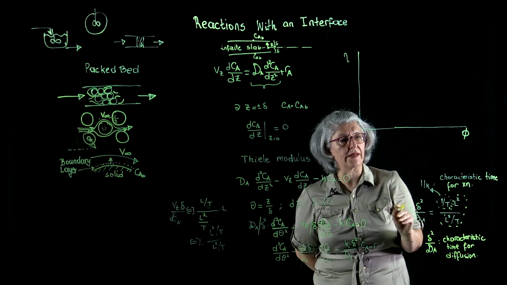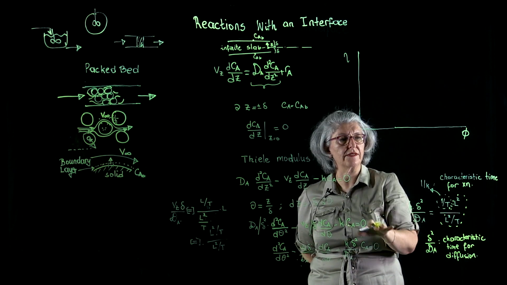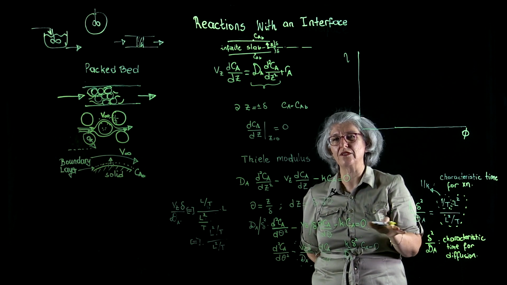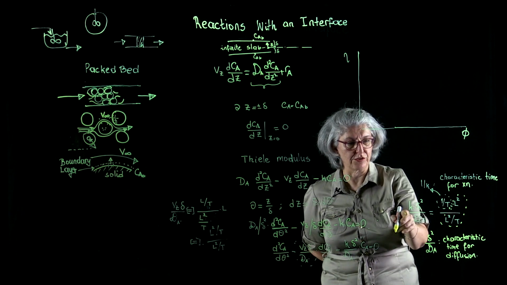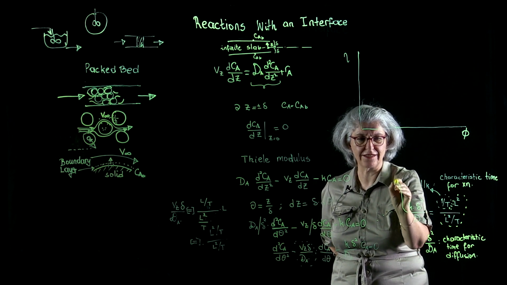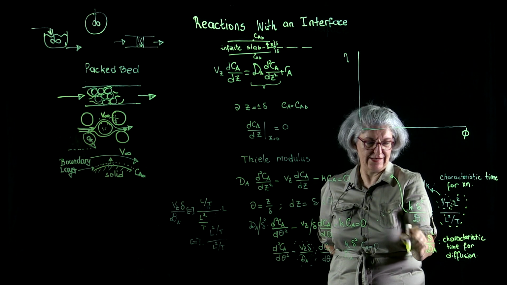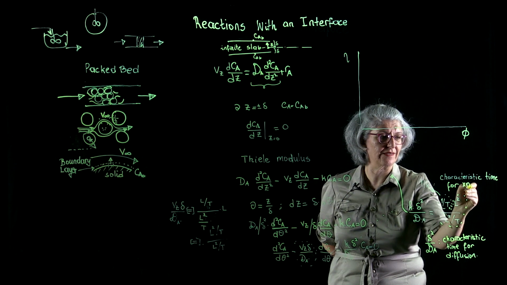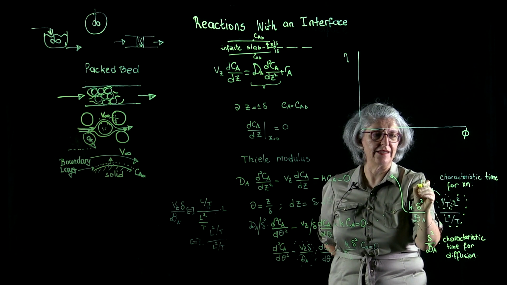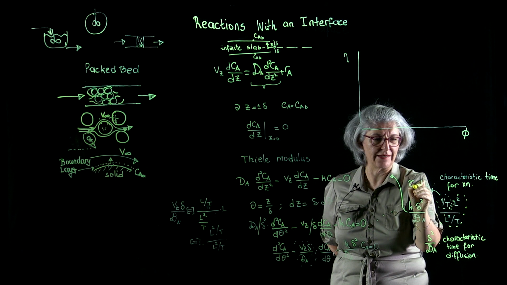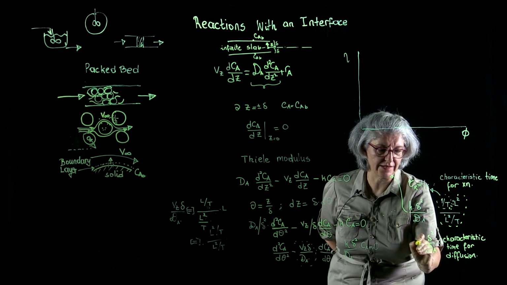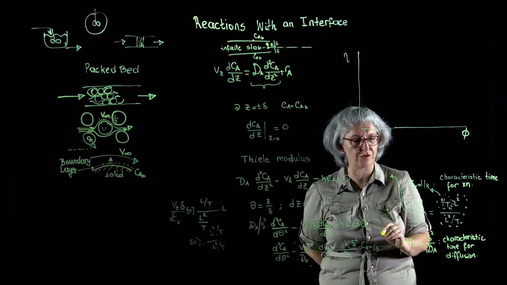Now when we compare the characteristic time for reaction to the characteristic time for diffusion, we will know which one is dominant. All right? So this group, k delta square over D_A, let me call this characteristic time for reaction as tau sub R for reaction. Let me call this as tau sub D, characteristic time for diffusion.